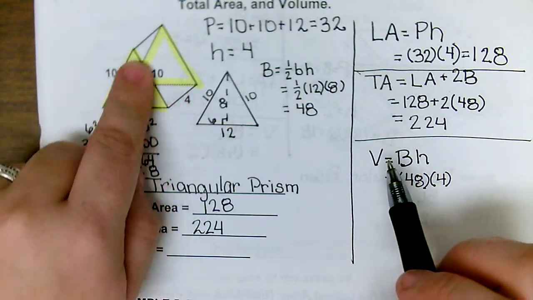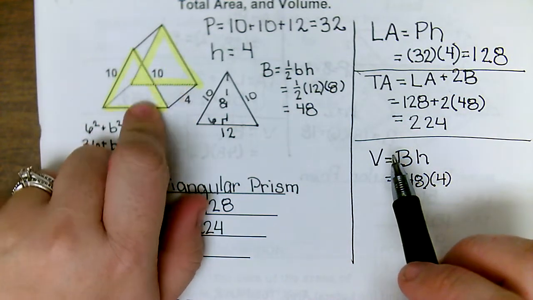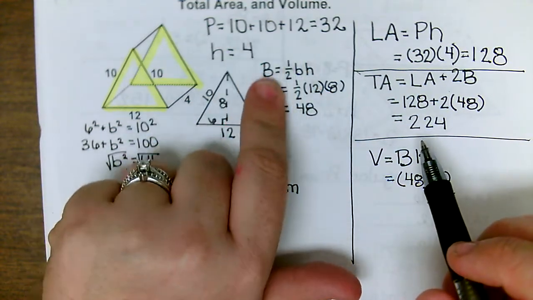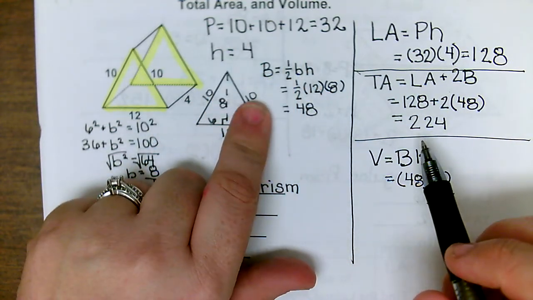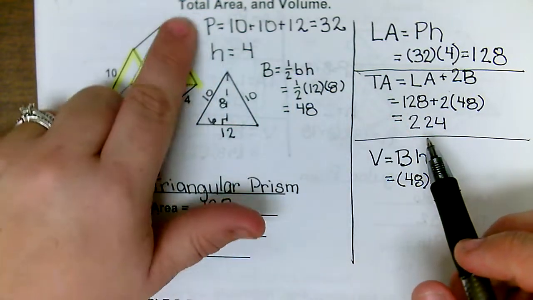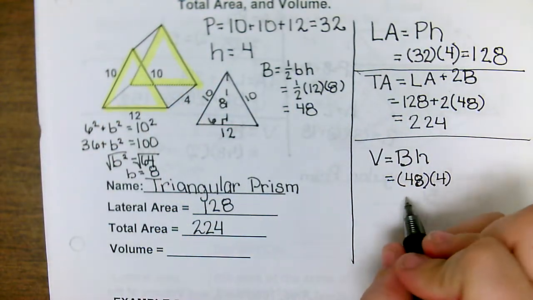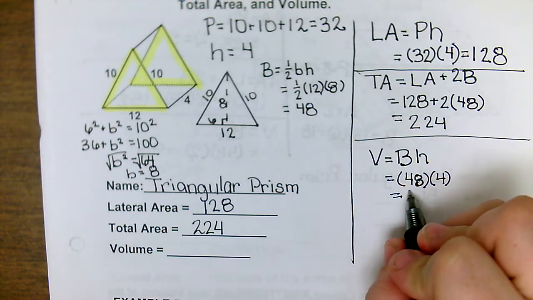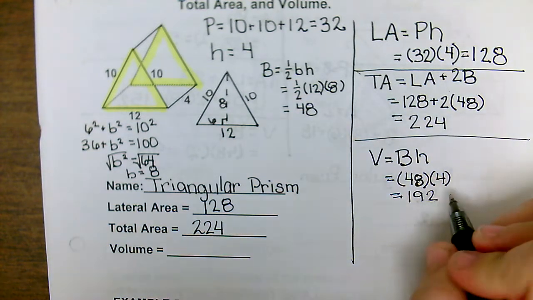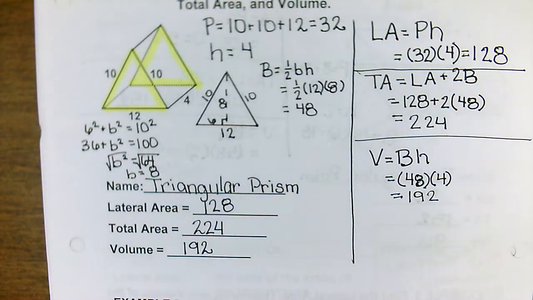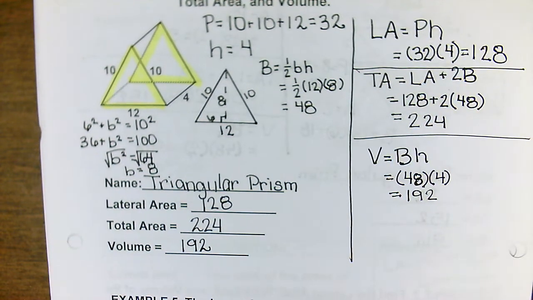When we come back over to this side, we're using things from the big triangular prism. So our left information is just looking at this base. The stuff on the right looks at it as a whole. So 48 times 4 is 192. So our volume is 192 units cubed.